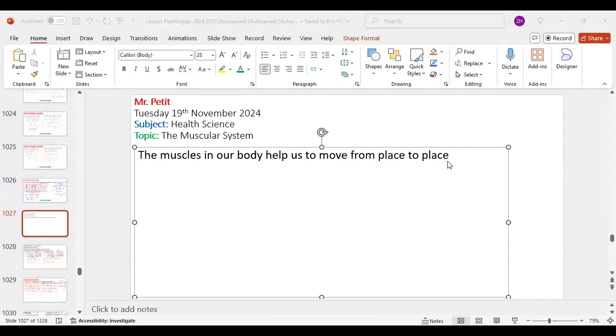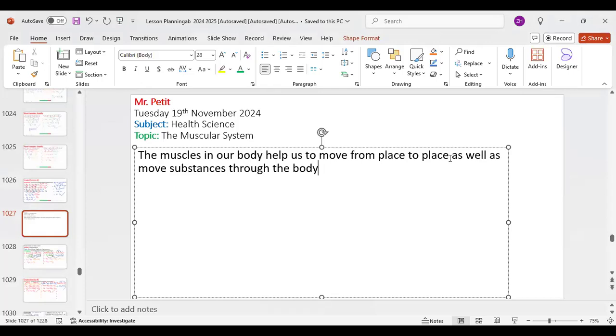So the muscles in our body help us to move from place to place, as well as move substances through the body. Laura, what is the function of the muscles in our body? They help to move from place to place, as well as move substances throughout the body.